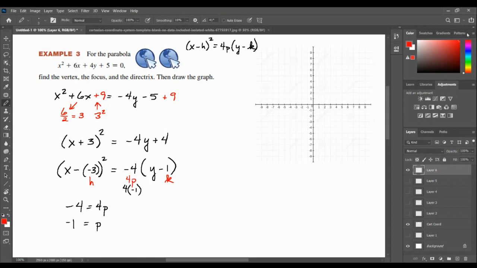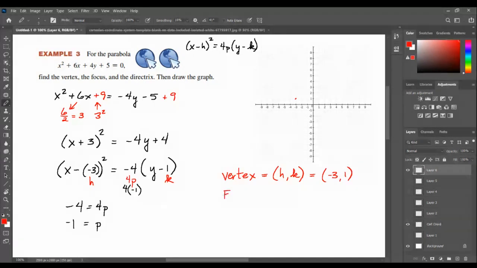So my (h, k) is (-3, 1). That's right here. There's my vertex. I should write these down. The vertex is (h, k), right off my formula sheet. So that is (-3, 1).